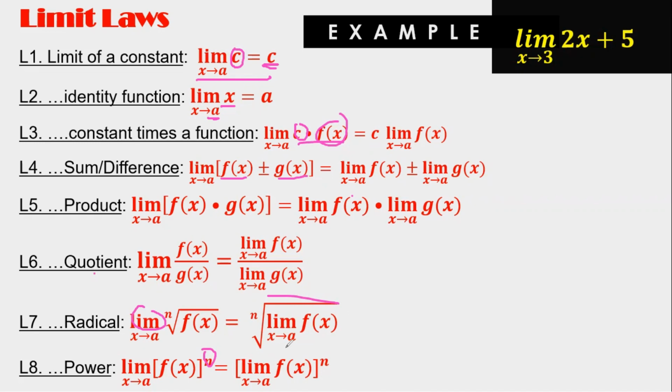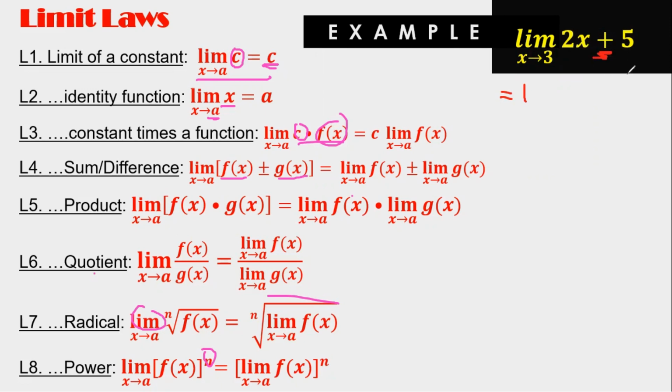So we will just put a limit on it. Now, for example, we have here the limit of 2x plus 5 as x approaches 3. What we are going to do is apply the limit laws that we have. What limit law is this? This is the sum and difference, because as you can see there is an addition here.